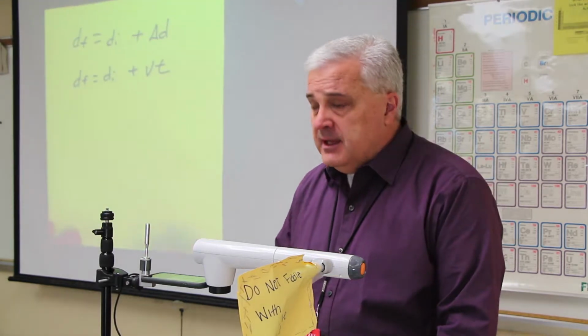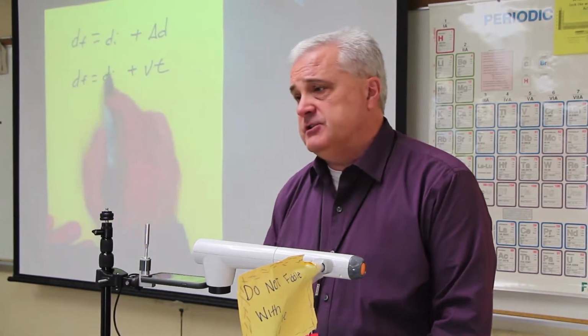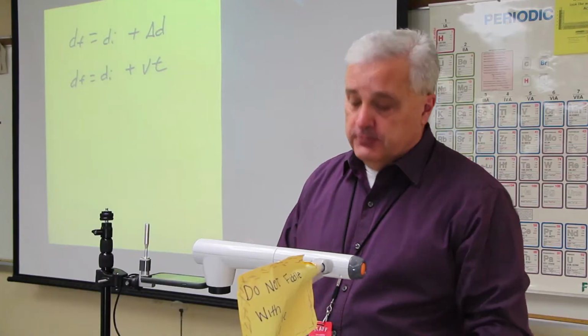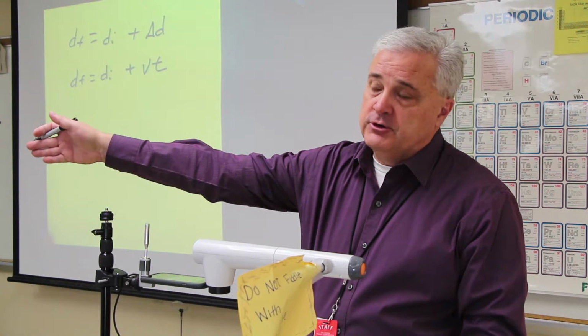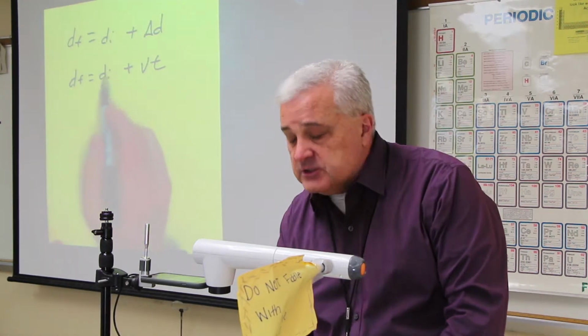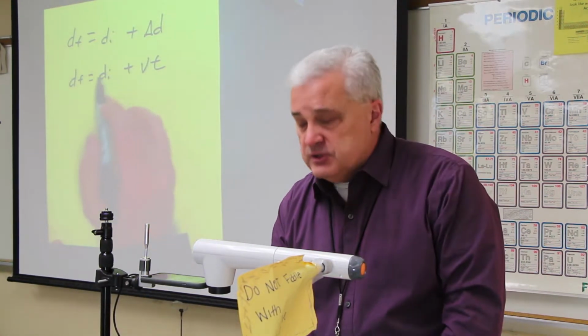Now, in many cases, the initial distance is going to be 0. It hasn't moved. We're measuring it from the starting line, and we're measuring until it gets to the ending line. So for a sprinter doing the 100-yard dash, initial distance is 0, so there's no displacement.